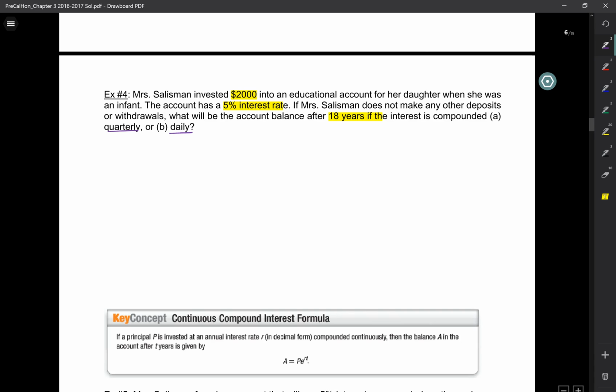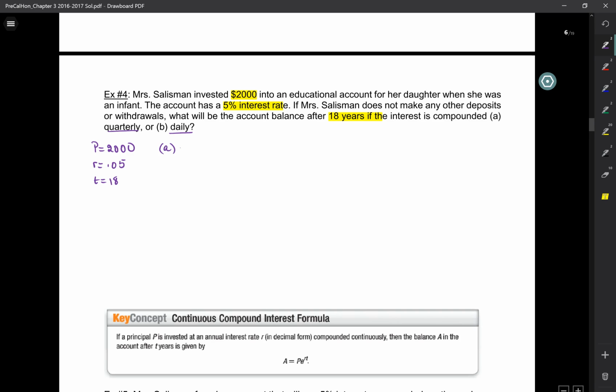So there was an A and a B part for this. Okay, let's write down our preliminary information. Principal is $2,000. The interest rate R is 5%, which is 0.05, and our time T is 18 years.